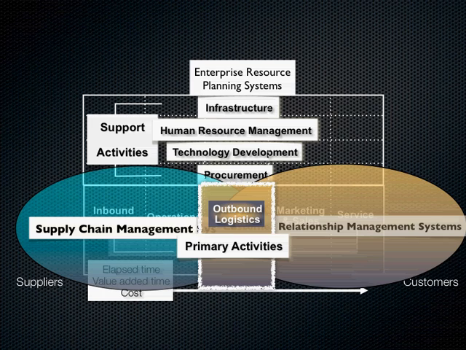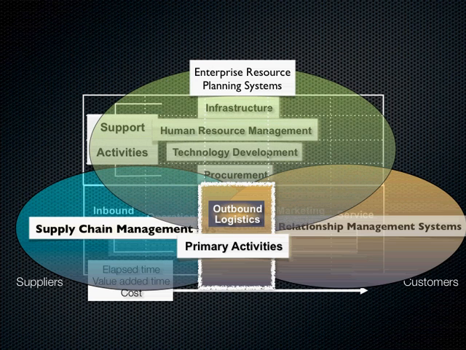The outbound logistics is where finished goods ends up, and the finished goods is the output of supply chain management, the input of CRM, and it helps us understand the ERP part of our accounting and production and labor systems.